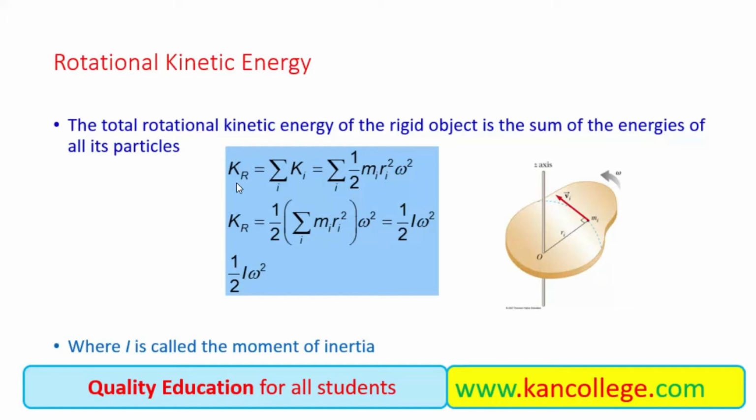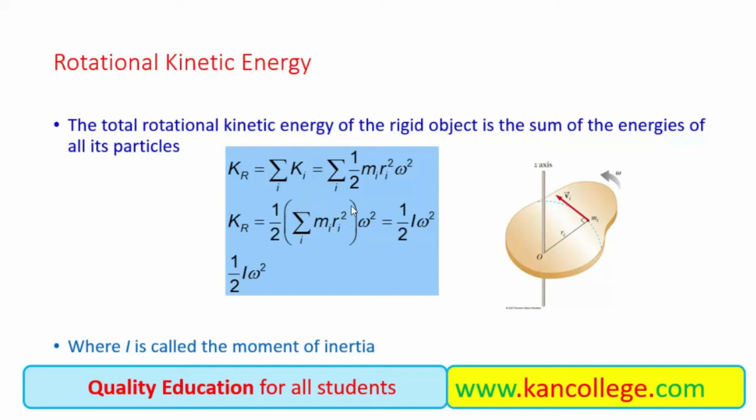So rotational kinetic energy is equal to the sum of half m_i r_i squared omega squared. Taking half common outside the summation sign, and omega squared, since omega is the angular velocity which is common to all the particles, the remaining term inside the bracket is the sum of m_i r_i squared, the moment of inertia of all the particles.